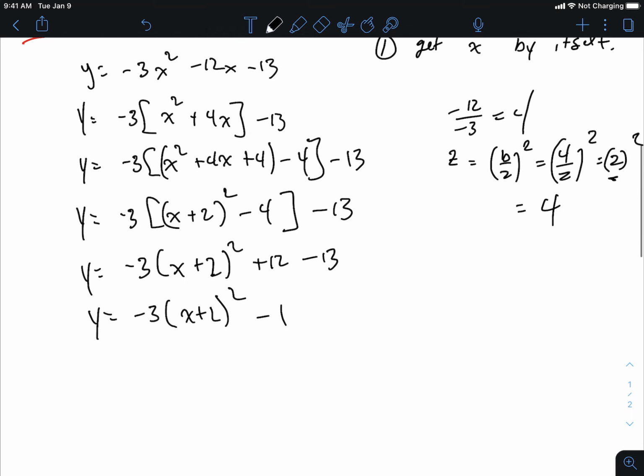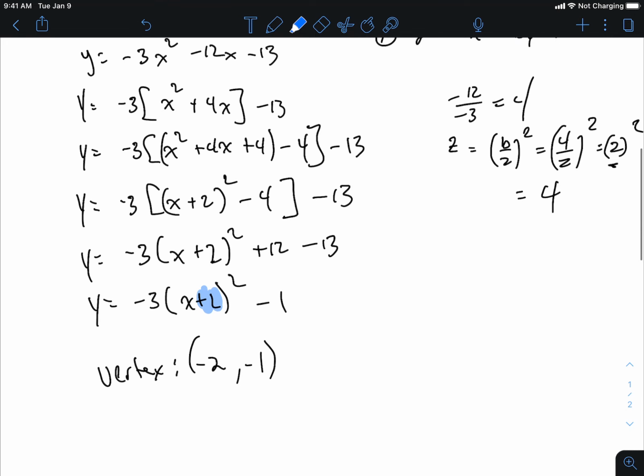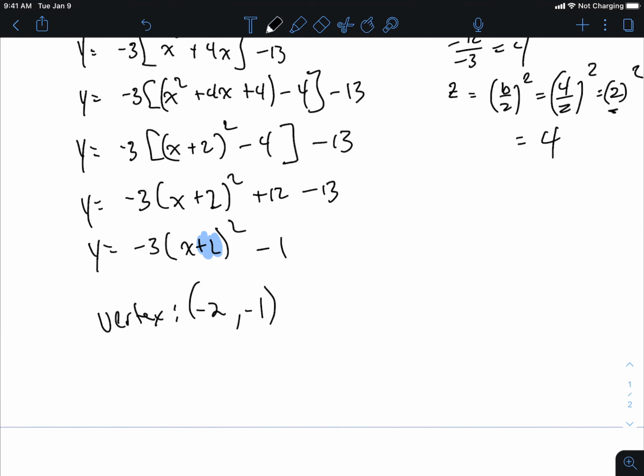Okay. You've now switched the form, so you can read the vertex off. It's -2, -1. Remember, it always has to take the opposite sign of what you see here, right? And then you could say, okay, is there a maximum or a minimum this time?